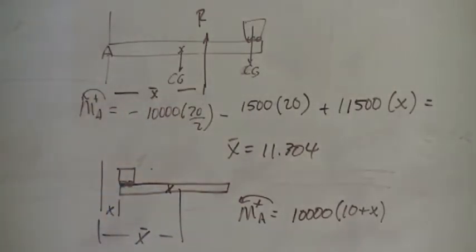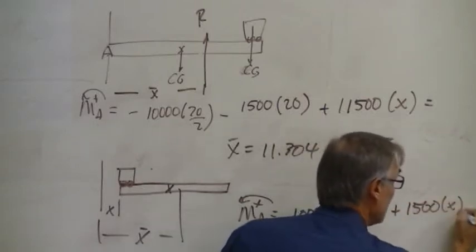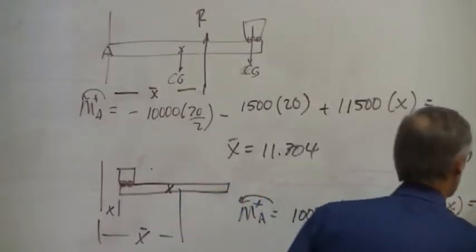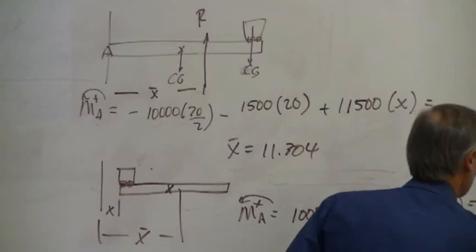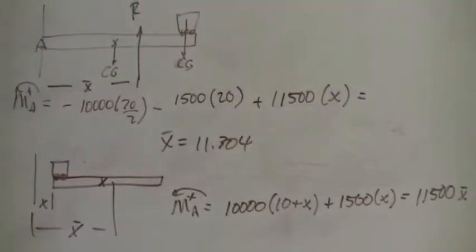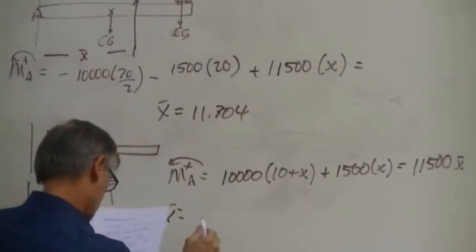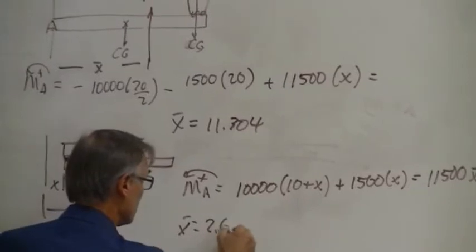Right? That's where its center of gravity is now. And I'm saying the car is plus 1,500 times x. And that's equal to the same thing, 1,550 x bar. And I can solve that for x and find out how far the barge moved. And the barge moved 2.608 meters.